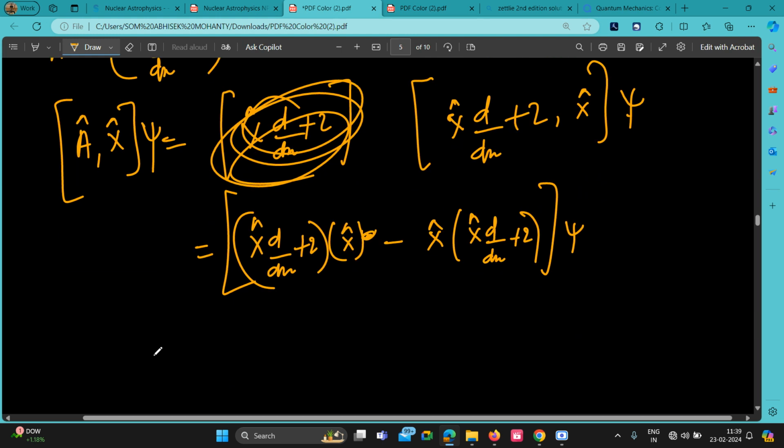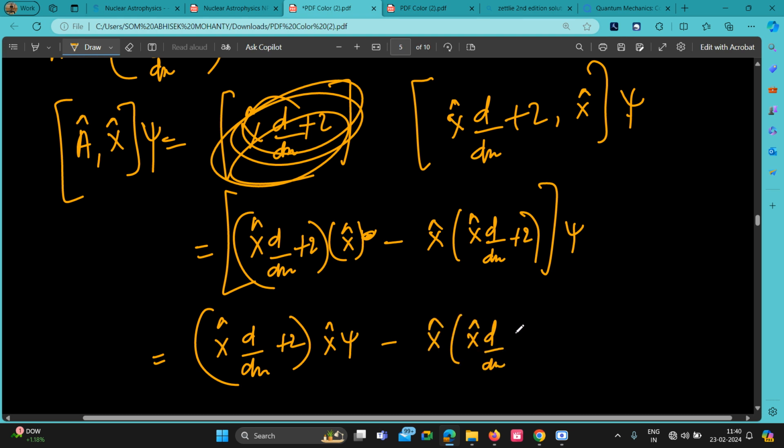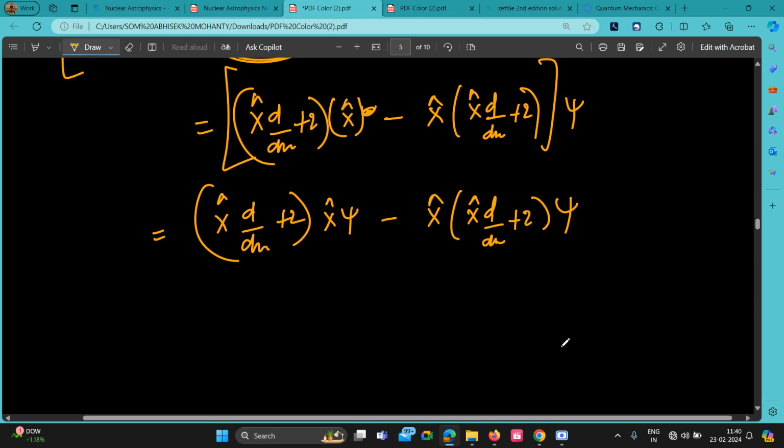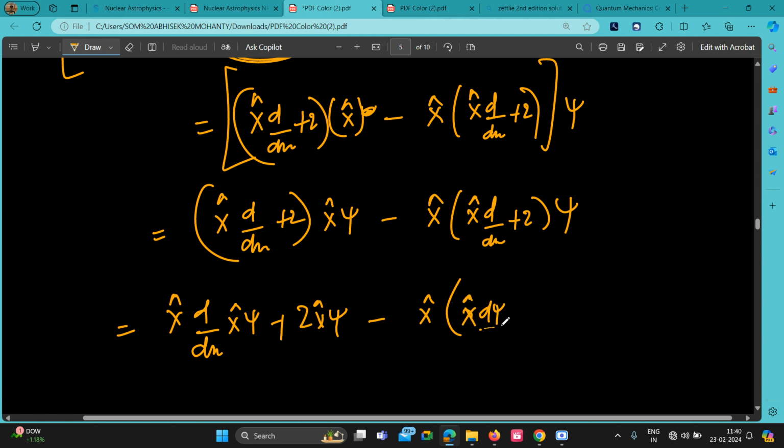So let's open it now. x d/dx plus 2 x psi minus x d/dx plus 2 psi. That will be, let's open it, x d/dx of x psi plus 2x psi minus x d psi by dx plus 2 psi.